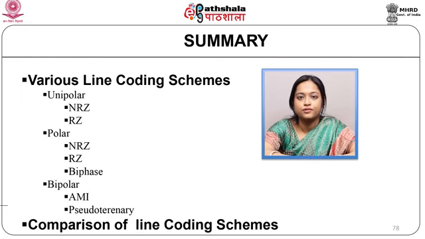Then we moved on to categorize the different types of line coding. The major categories of line coding are basically three: unipolar, polar, and bipolar. Then at the end, we compared the different types of line coding systems and evaluated their performance.